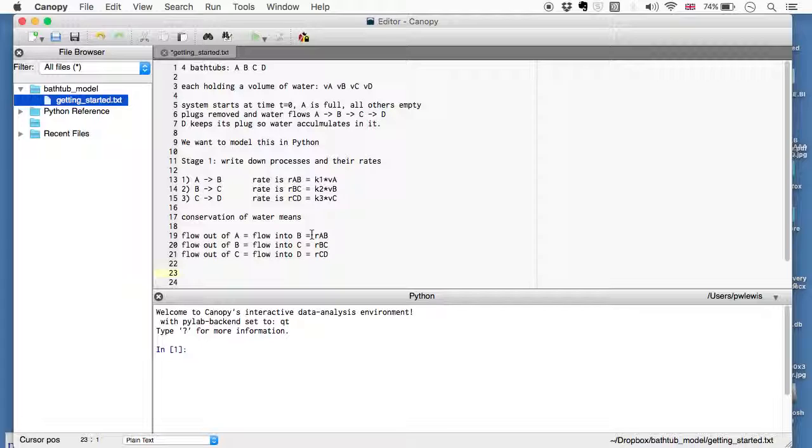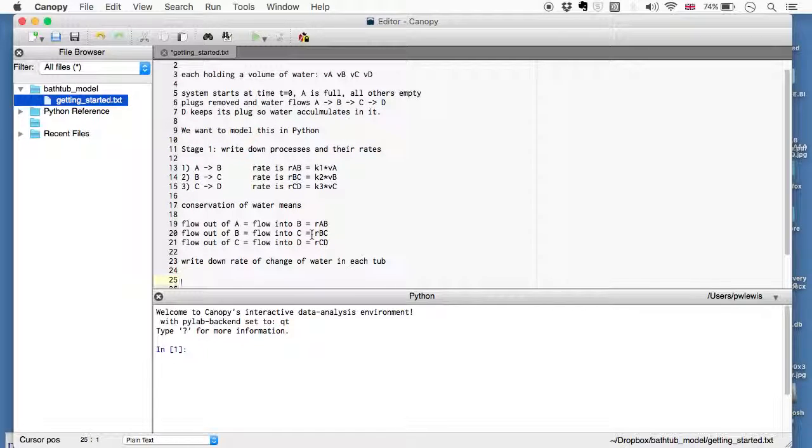So if we now want to write down the rate of change in each tub, so the rate of change of water in each tub, so we're talking about the rate of change of the volume of water in A with time, which we're just going to call RA.